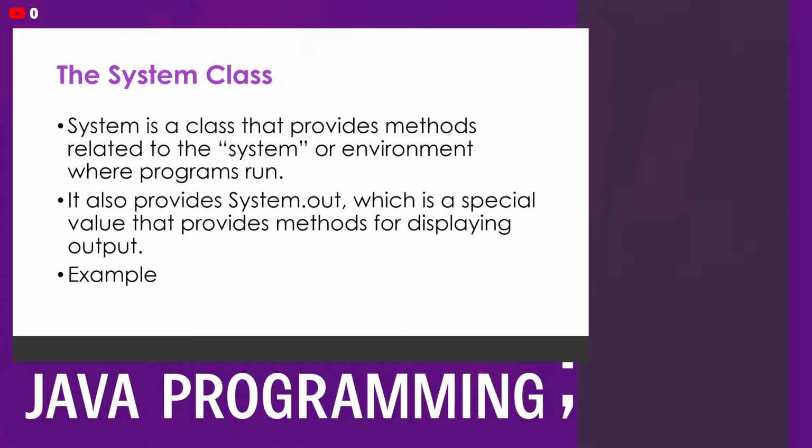When we think about what system is, the first bullet here says that system is a class that provides methods related to the system or environment where your program is run. Basically, it gives us a way to transmit or talk about things that we're doing in the real world and allows us to have commands in the Java programming world.